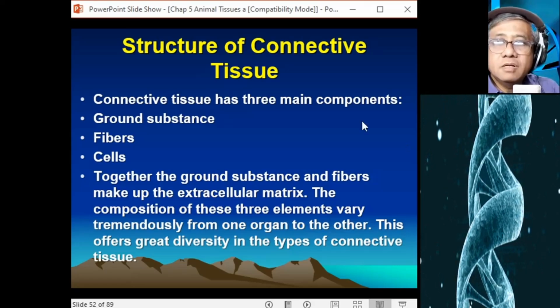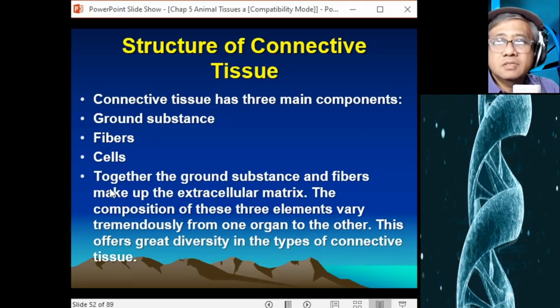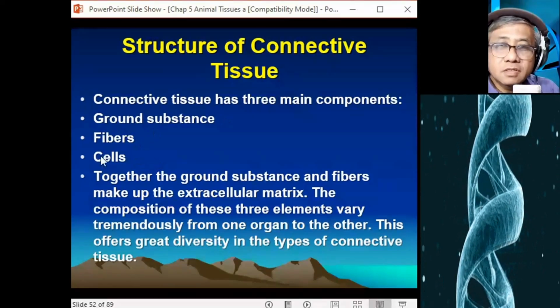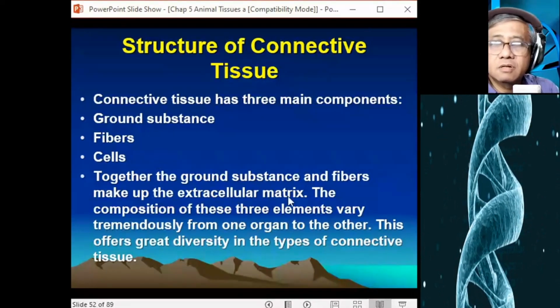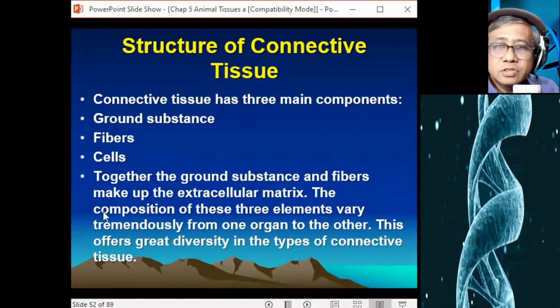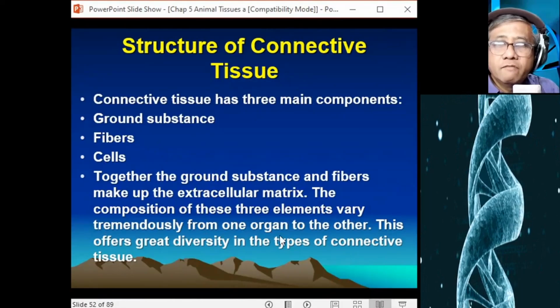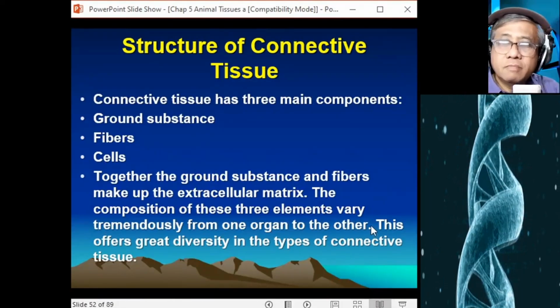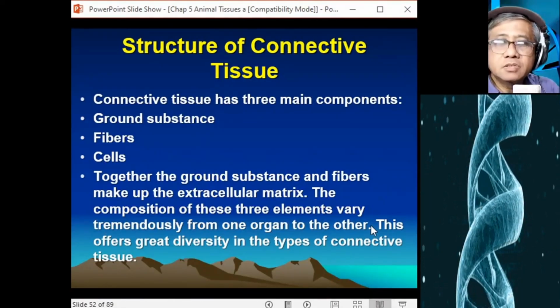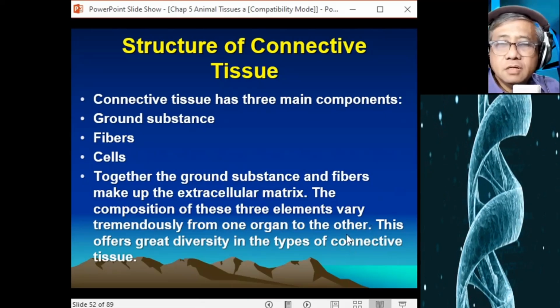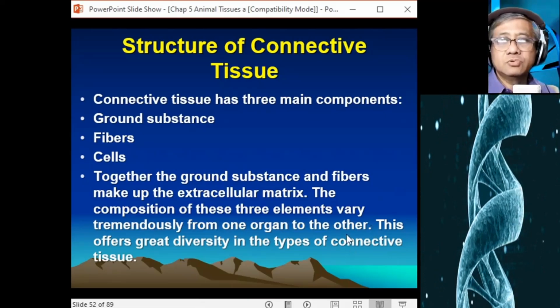So collectively, itong ground substance, yung fibers, and even the cells, they make up the extracellular matrix. The composition of these three elements vary tremendously from one organ to the other. Yan, mamaya pag-uusapan natin yan. This offers great diversity in the type of connective tissue.